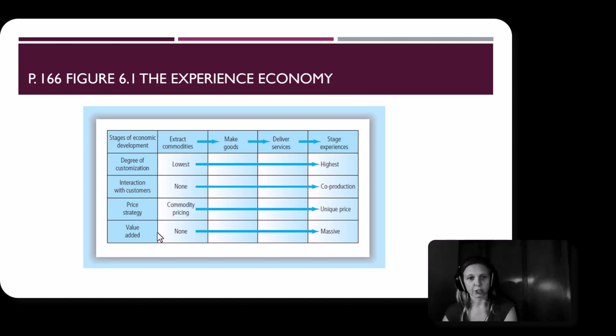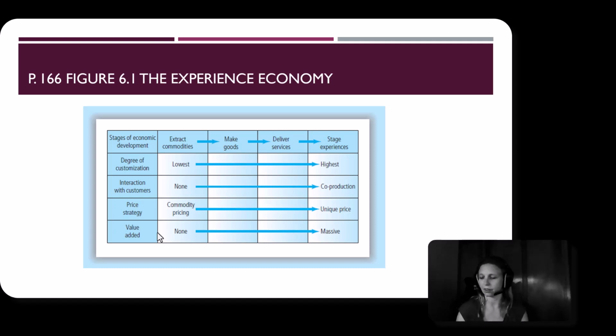If we look at stage experiences and interaction with customers, the most custom experience that you can have is one where you are in co-production with whoever's putting on the performance. So for example, we're talking about a mystery dinner where, okay, now you're here and you're actually part of the production part of the presentation.